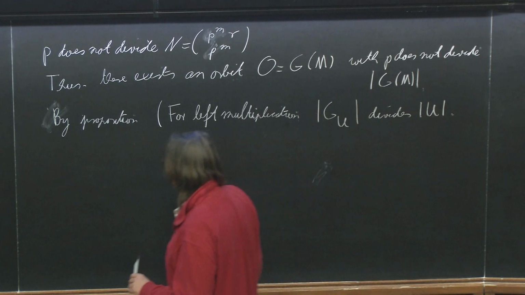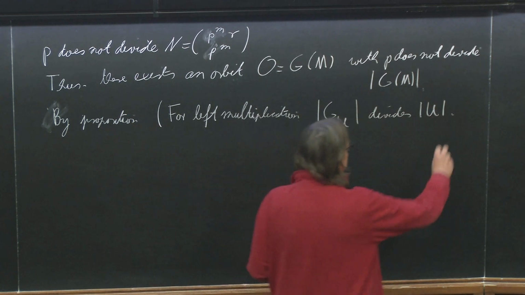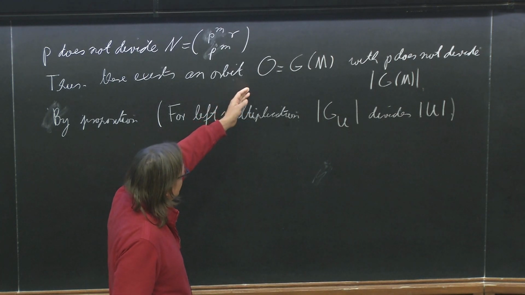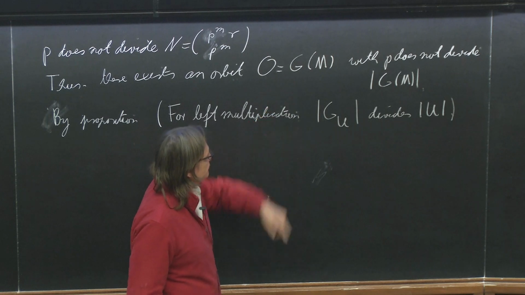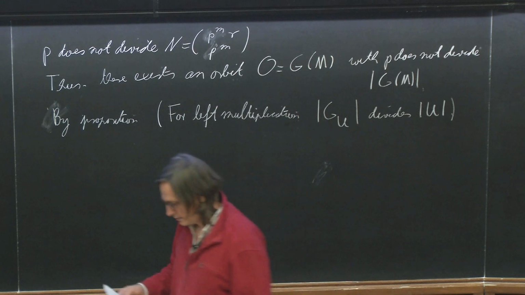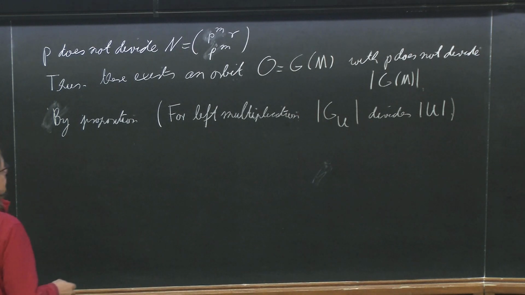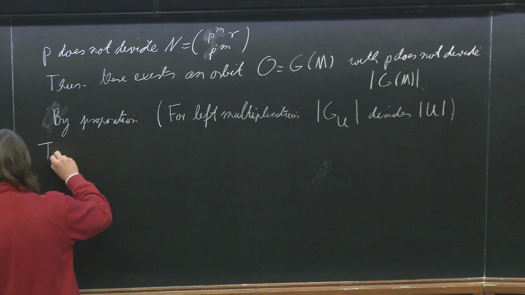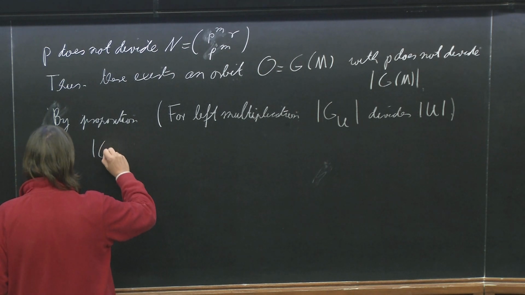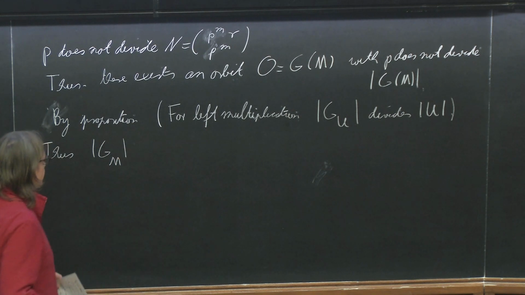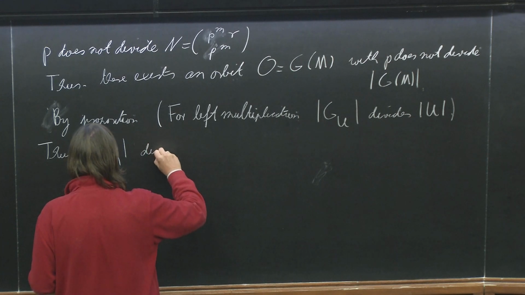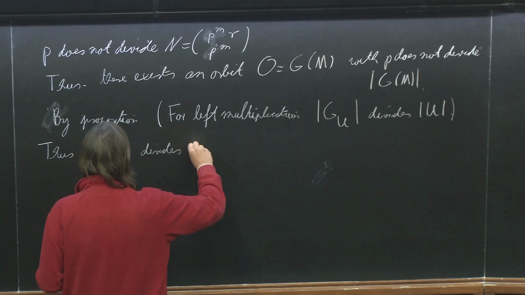Okay, so thus we know that for any orbit, the number of elements in the stabilizer of the set M divides P to the m.